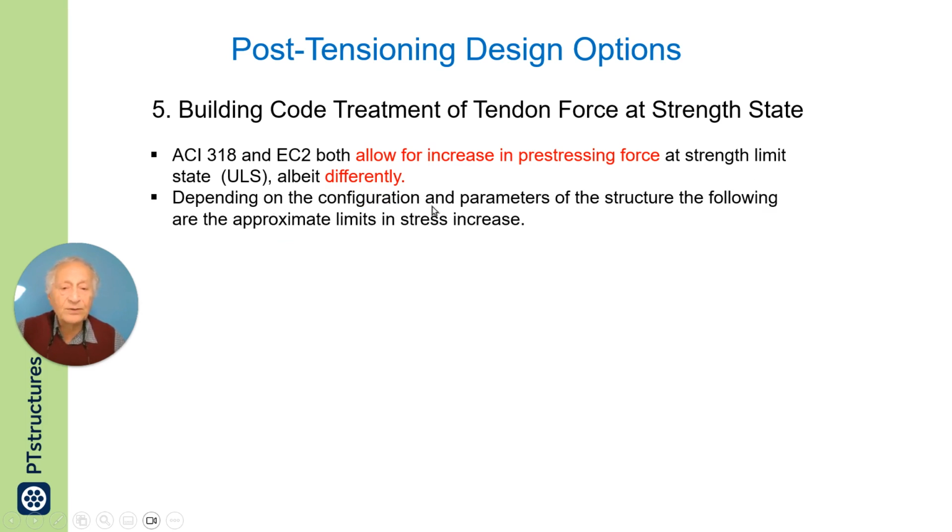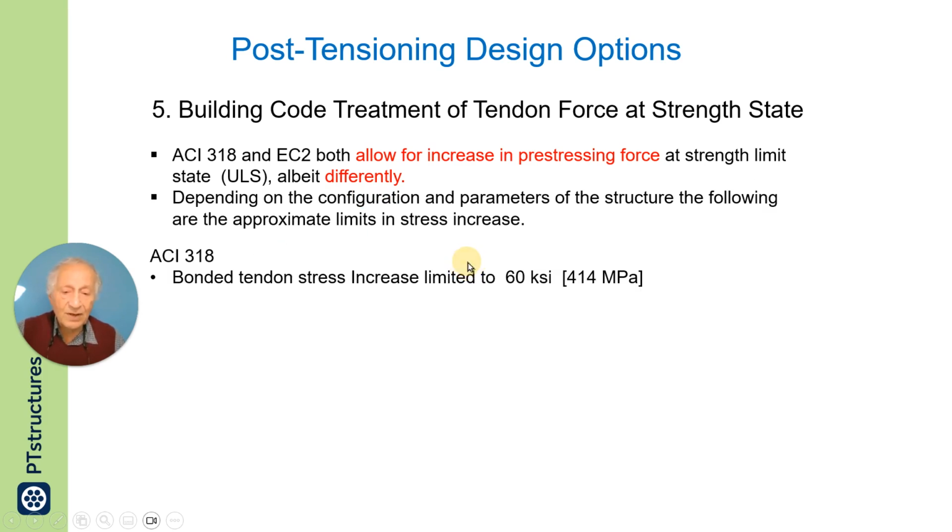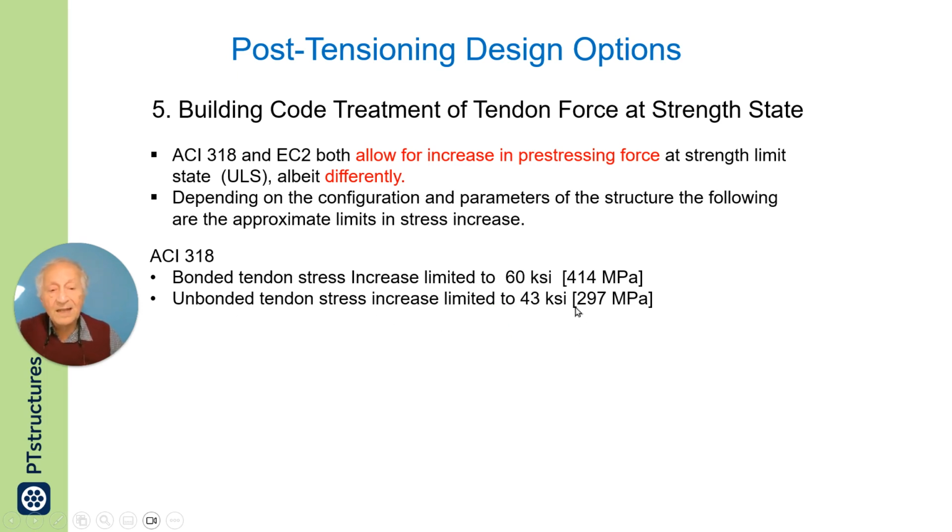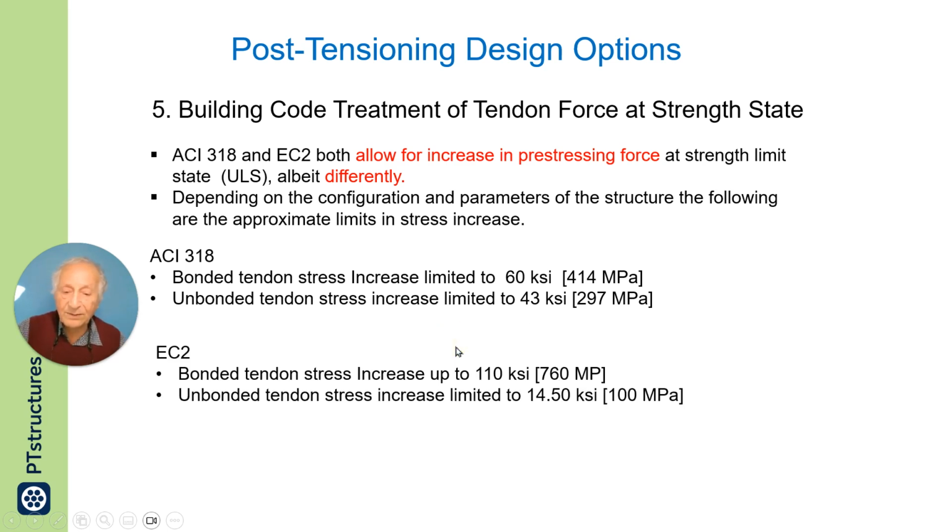Depending on the configuration and parameters of structure, the following are the approximate limits in increase of stress. ACI allowance for bonded can be as high as 60 ksi. It depends on a number of parameters, but it can be as high as 60 ksi. For unbonded, it can be as high as 43 ksi. Again, it depends on a number of factors.